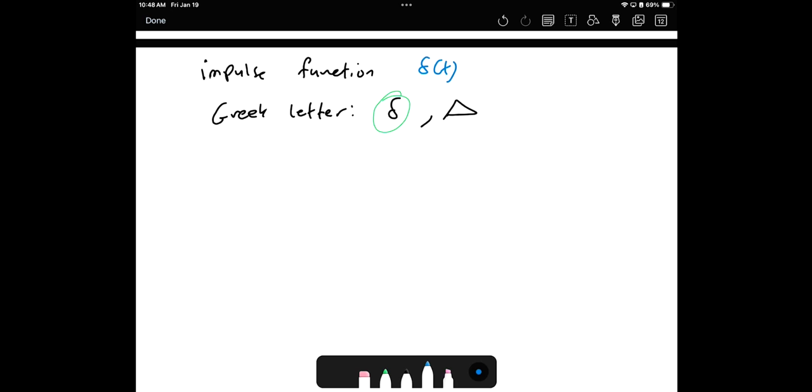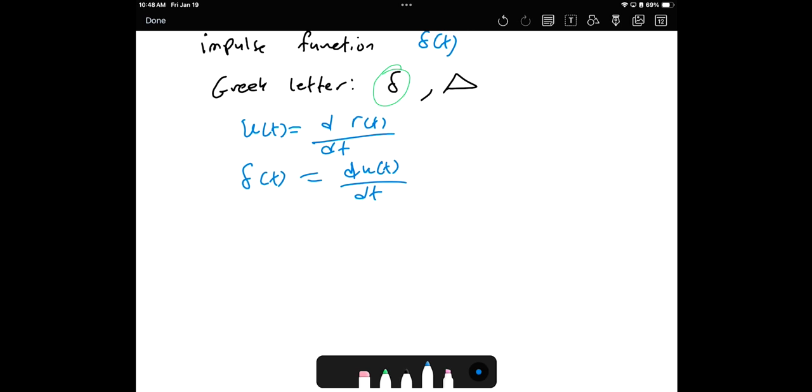What are the properties? Basically, since we discussed before that u of t is equal to the time derivative of ramp r of t by dt, we will denote delta of t as the time derivative of u of t. And since it's the time derivative, it's going to be instantaneous, something like this.